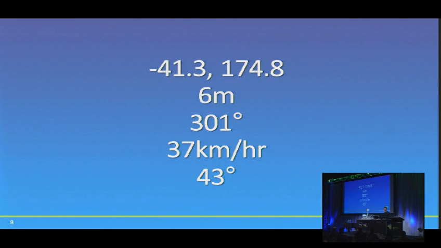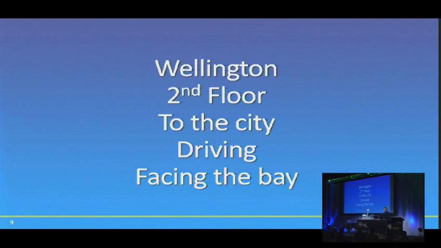Each of these has some form of geodetic representation. So latitude, longitude. I'm 6 meters above sea level. I'm heading at 301 degrees, northwest. A speed, and then also the orientation. But then we have civic representations of this. So I'm in Wellington. I'm on the 2nd floor. Particularly if you start to think about stuff like emergency services, they don't want to know that you're 6 meters above ground level. They need to know that you're on the 2nd floor of the building.